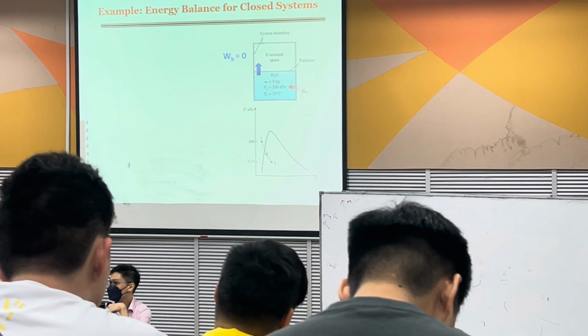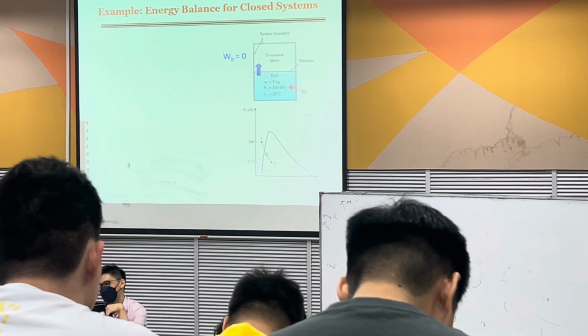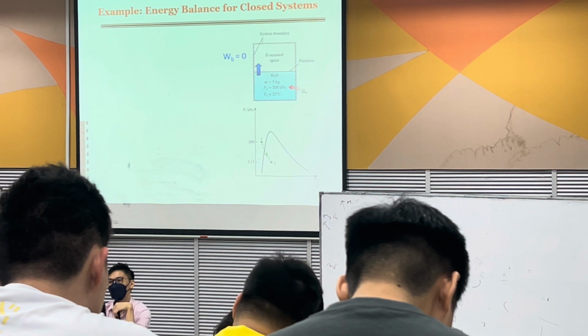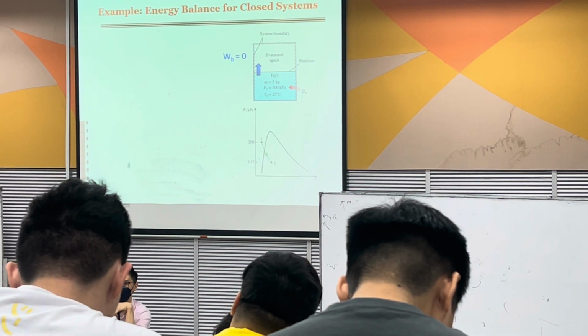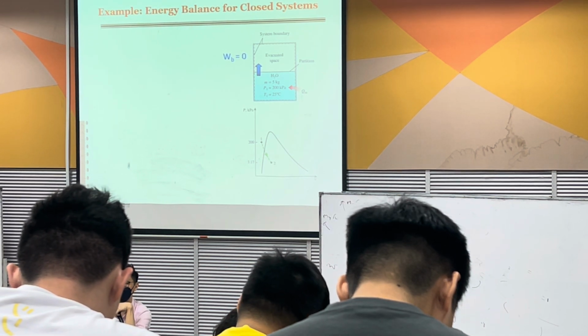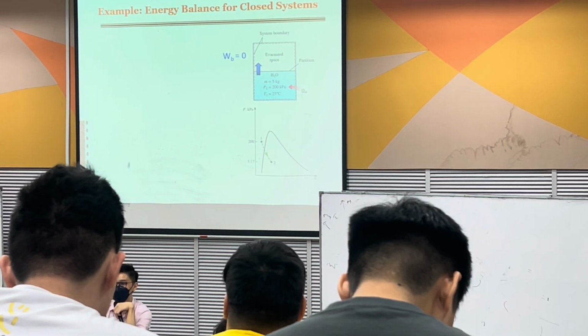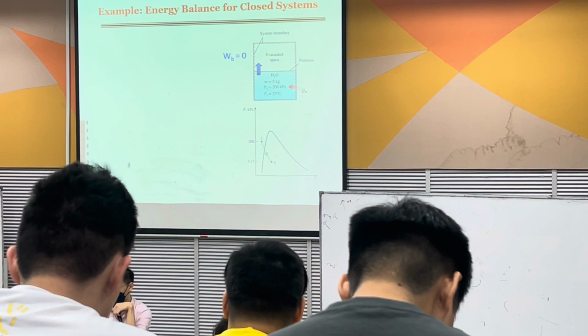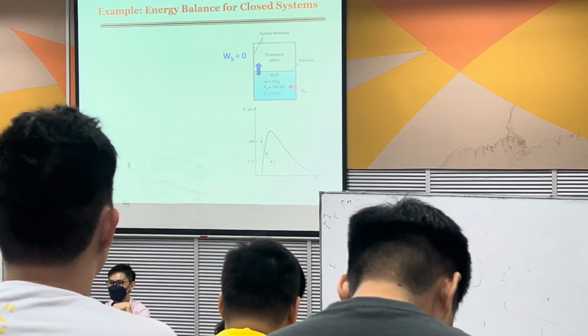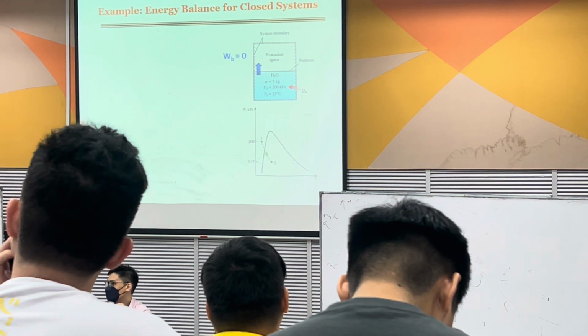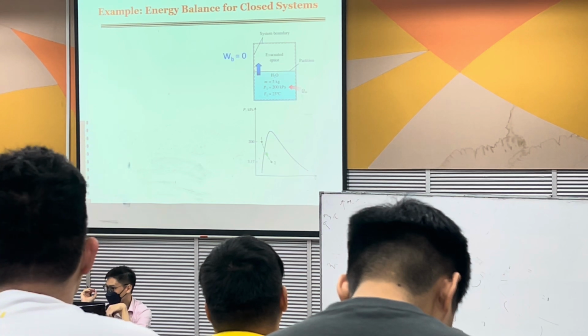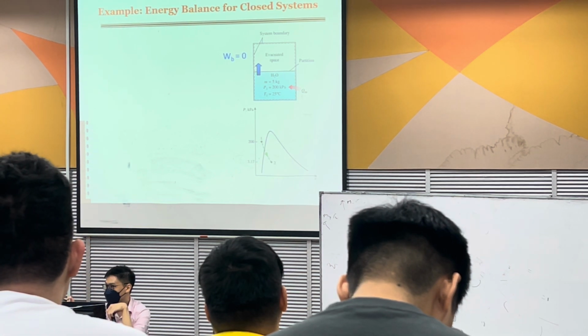So like I said, we always need to find the link or the relationship between the process. So what else do we know about state 2? Besides T equals 25. But that is not very helpful, right?